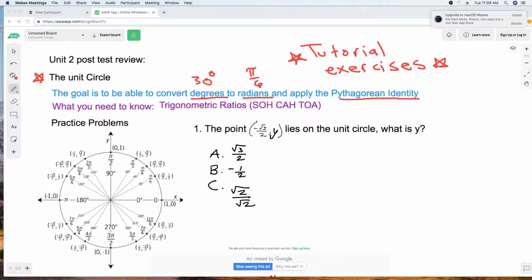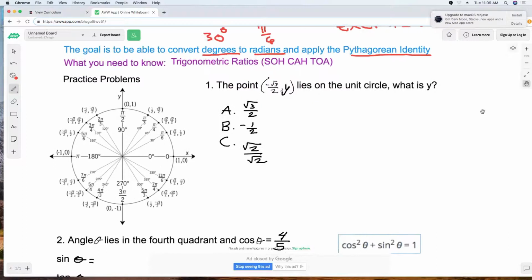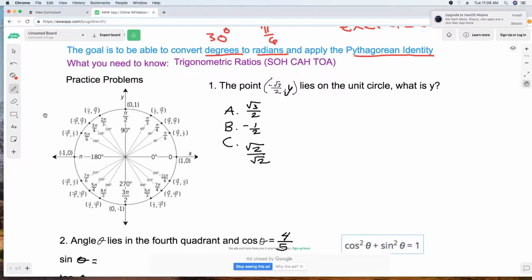Good. Okay, so let's begin. One of the questions that you're going to have is: the point negative square root of 3 over 2 comma y lies on the unit circle. What is the value for y? And you're going to have four options to choose from. For your post-test, you want to make sure that you have a picture of the unit circle for reference.